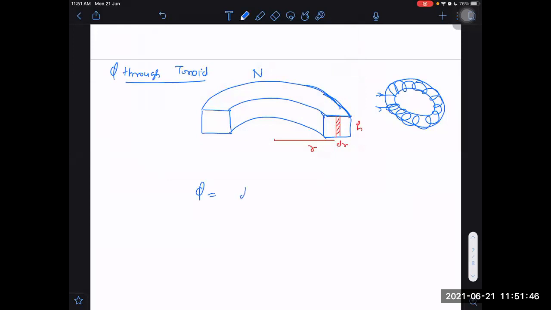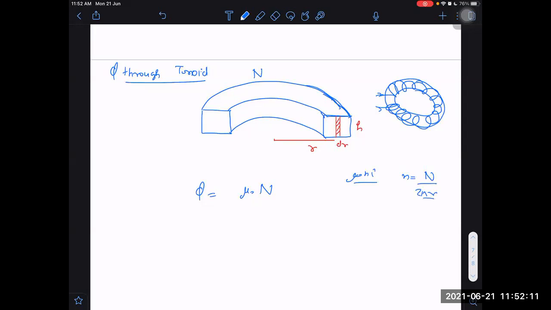You know the formula, you remember or not? What is the formula for the solenoid? Mu naught into small n I. But I told you small n is the number of turns per unit length. Here I prefer to write it in terms of the total number of turns. The field is mu naught into small n into I, right or not? But for a toroid, in place of small n we write N upon 2 pi r.